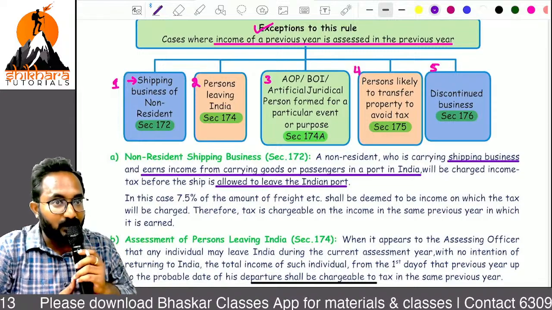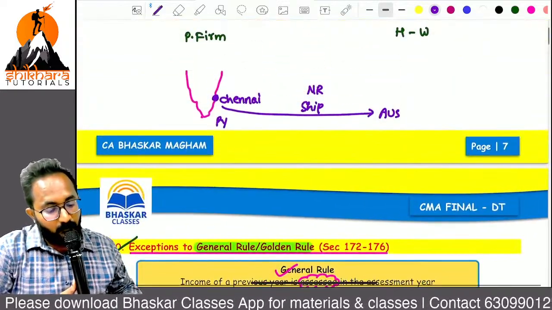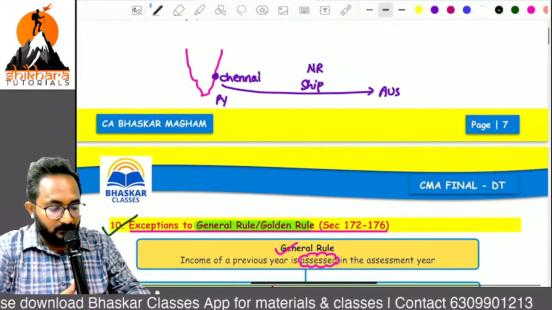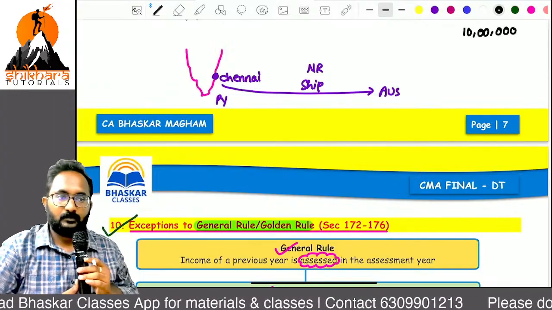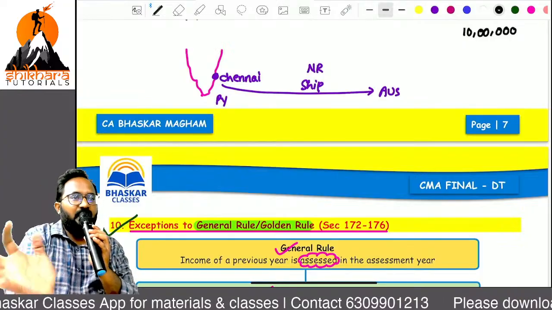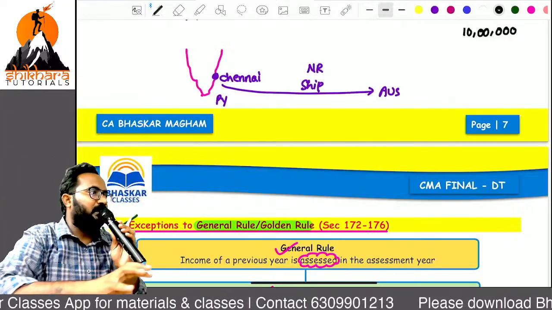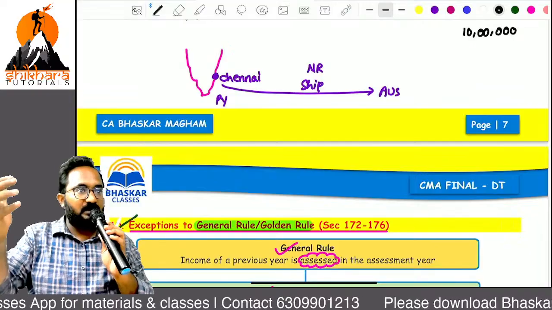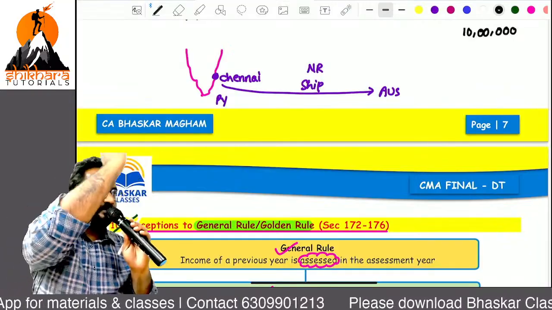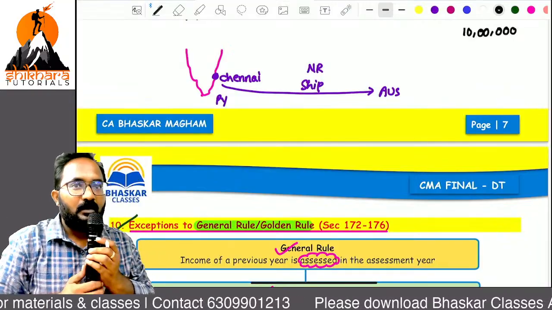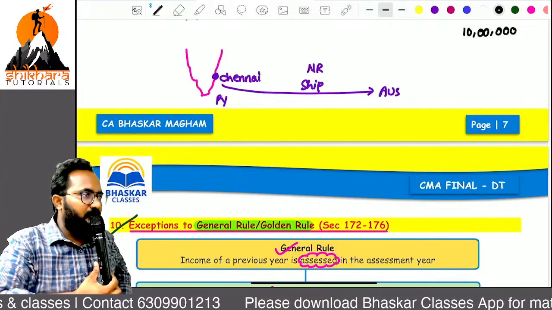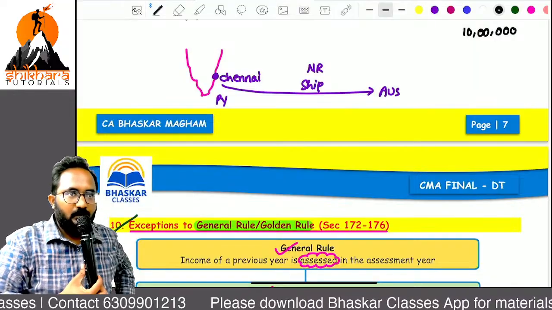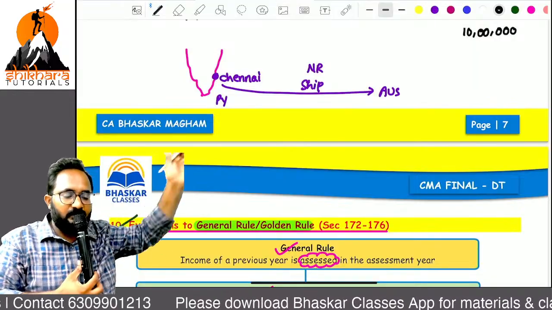Now I have a doubt. Sir, we collected 10 lakh as ticket charges. That means one company exporting their goods to Australia gave me that amount for transportation. Sir, this 10 lakh is just what I collected from the passengers, but what is my income?